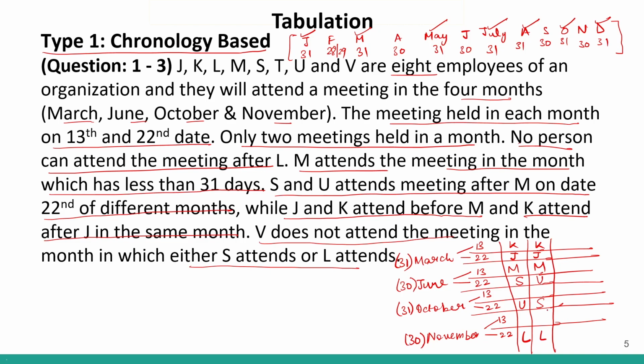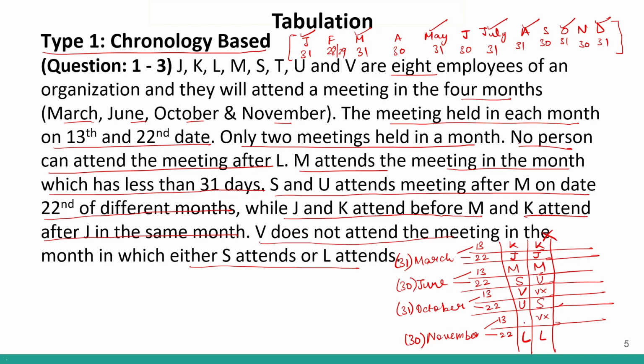So if in October S is attending, we cannot come here. In November L is attending, that means we cannot come here. So we cannot come in both the positions. So this is also wrong. This arrangement is wrong. Coming to this one, S attends in June and L attends in November. So we cannot come in November, but we can come in October because the other person attending is U, not S or L. So here we will have V.